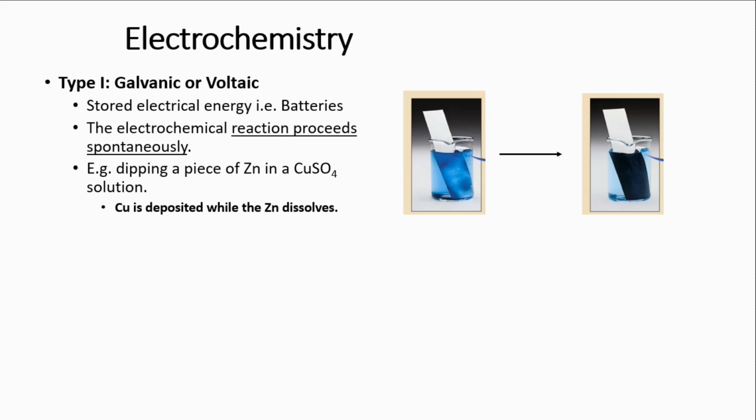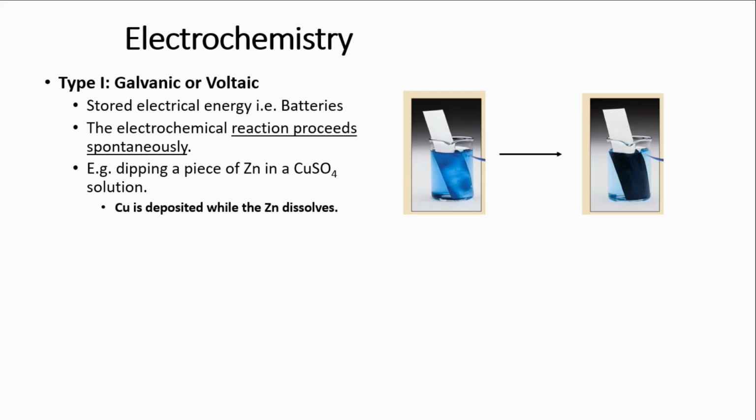A good example would be your cells, which when combined with a few others are called batteries. For example, your cell phone batteries are made up of a few cells. These are galvanic cells that make up your cell phone battery. Remember, a battery is a combination of two or more cells.